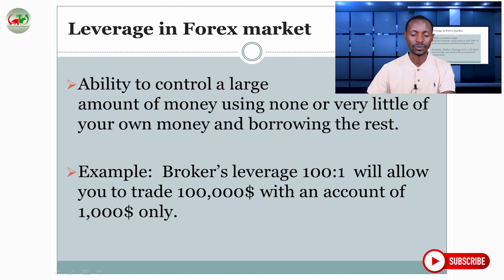Remember that we have seen that this is equivalent to a standard lot size, and that the value per pip of a standard lot size is $10. So this clearly means that if you are trading this amount and the market moves only 10 pips, that is enough to make a profit of about $100 for some pairs, of course.